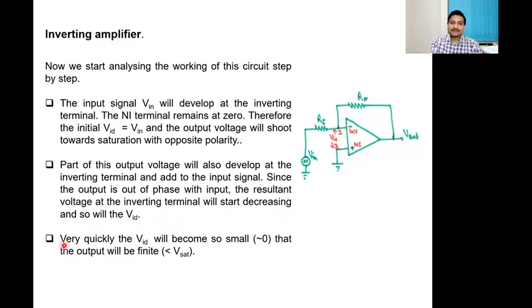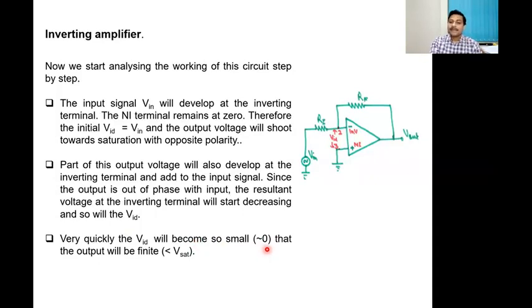In practice this happens very quickly, and later on we will dwell on the time scale involved in this operation. Very quickly, the differential input VID will become so small, because V out is basically V saturation, so it can compensate for V in as long as V in is not more than V saturation. So VID will become close to 0.